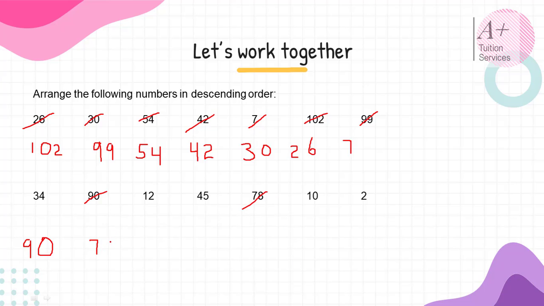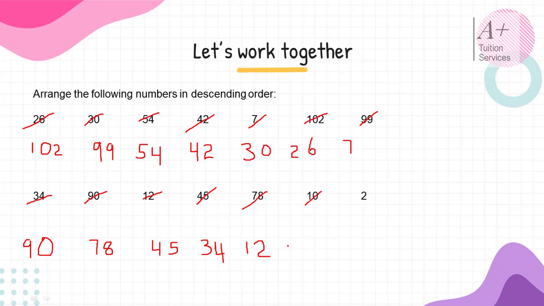Okay, so you could try to identify it before me. After 78, the next biggest number from 34, 12, 45, 10, and 2 will be 45. And then we have 34 coming right after. And then we have 12.